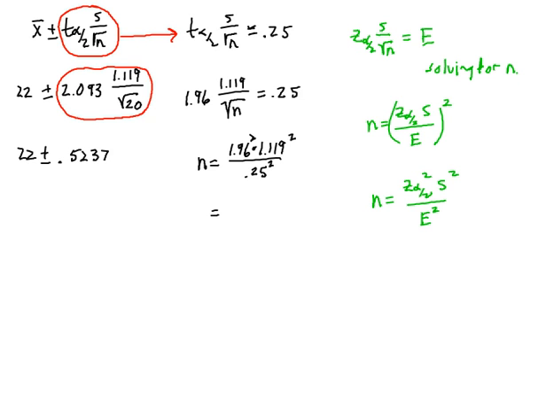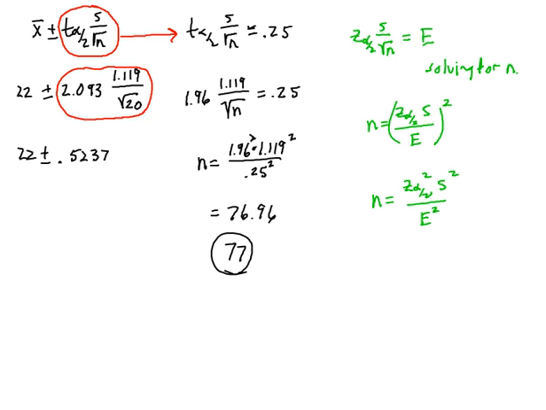And that gives me a sample size of 76.96, which I'll say 77. As a matter of fact, the book always says to round up. In this case, we would have rounded up anyway because it's 0.96. But even if it was 76.1, still round up. That way you're guaranteed to get the margin of error you want.